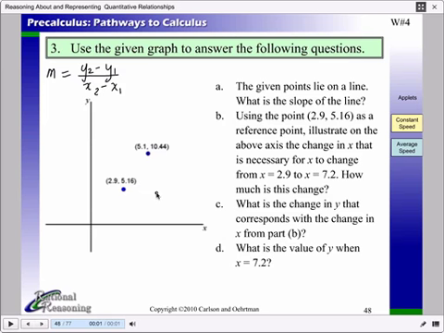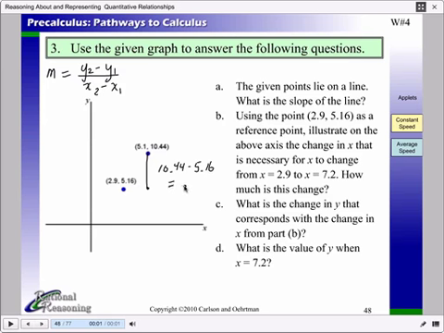On the graph there, can you represent y2 minus y1? Vertical or horizontal? Vertical, right? So right there, the length of that line represents 10.44 minus 5.16.